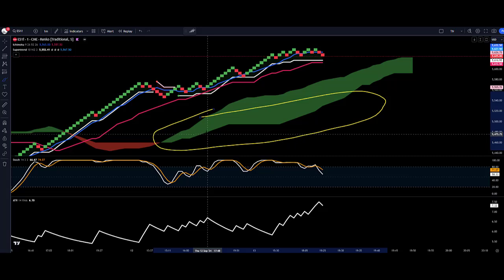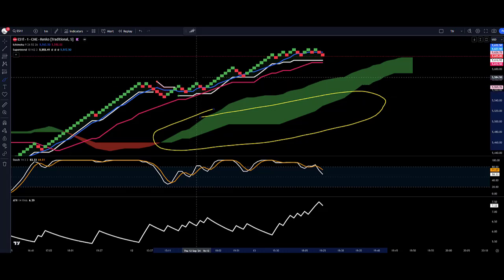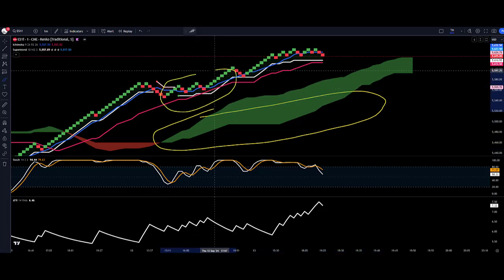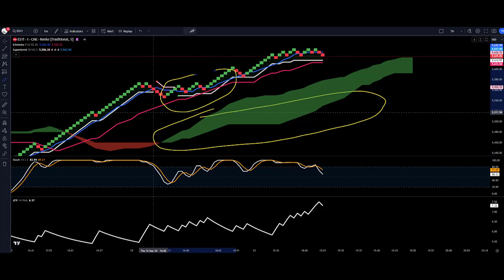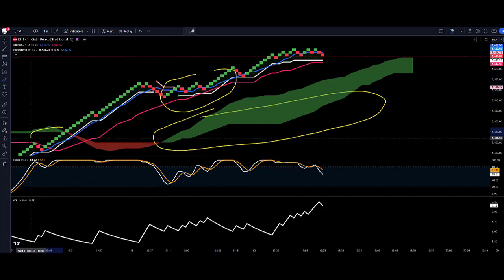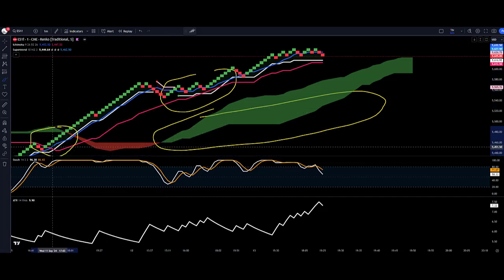Now we move to the conversion and the baseline. That's the blue and the dark pink line, as you can see in there. And we don't want necessarily the cross of the two lines, which you can see occurring just there. You can take that into consideration if you want to, and it does equate in the rule set.